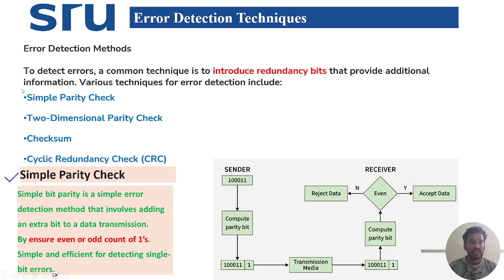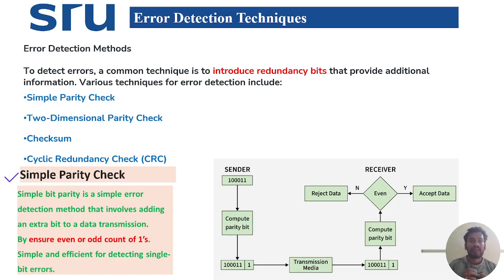Generally, to detect errors, a common technique is to introduce a redundancy bit that provides additional information. While transferring data from one node to another, we add an extra bit, which we call a redundancy bit.